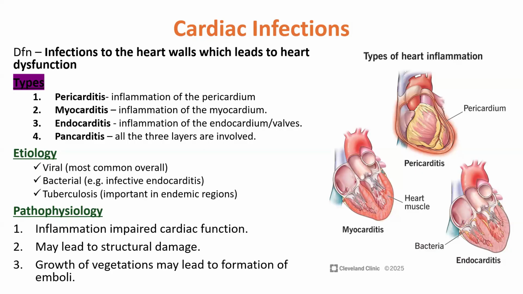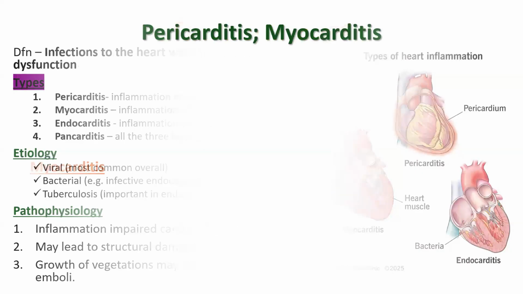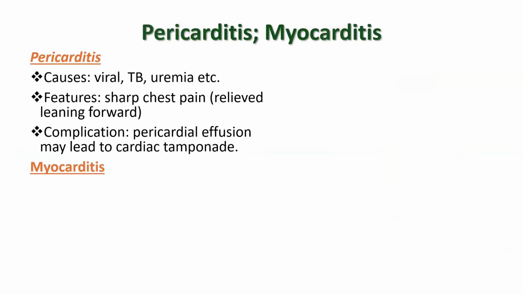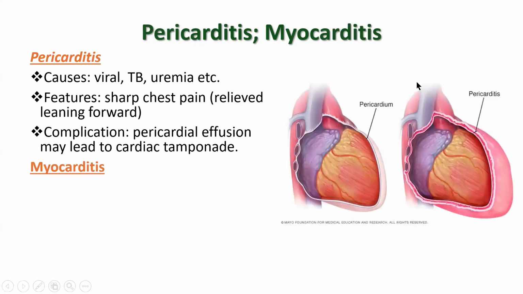So I think we can start. Given that I had already alluded to this, pericarditis and myocarditis. Pericarditis is inflammation of the pericardium and these are the causes. Once again, I won't belabor all that, but I just wanted to show you this. This is a pericardium in a normal heart.